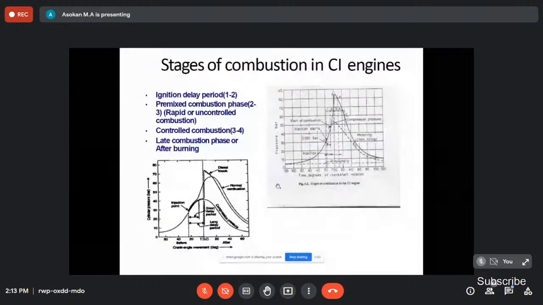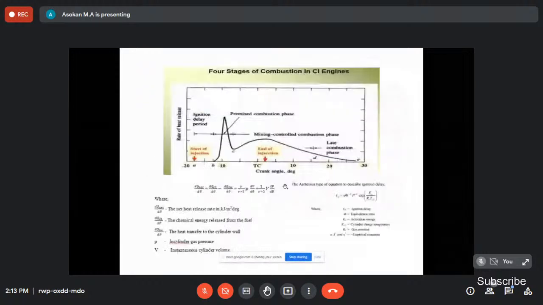This is the rate of heat release versus crank angle. See, up to A is the start of injection. Around 18 degrees before TDC, the fuel is injected. So there is no combustion, there is no release of heat.